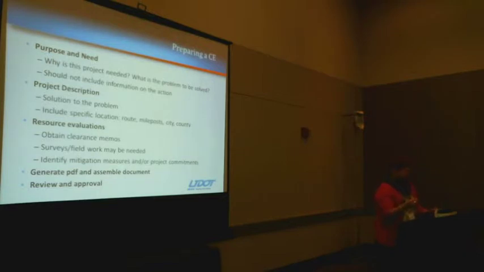And it should include locational information. We have similar sounding locations all throughout the state. So if you say, we're putting in a signal on 100 East and Main Street, that could really be anywhere in the state. So it's good to identify the specific state route, the milepost, and then local information, such as street names, city and county is always helpful.